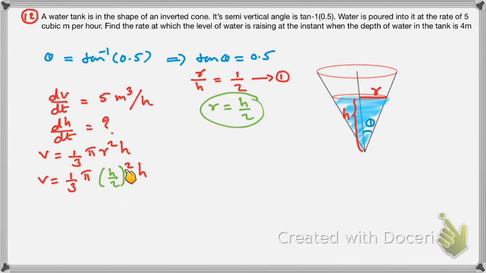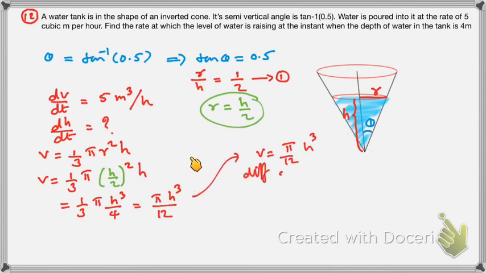And this is 2 square, which is 4. 4 into this 3 is going to be 12. So what do I get? 1 by 3 pi into h cubed by 4, which is pi by 12 h cubed. 3 fours are 12. Pi by 12 h cubed. So that's my V, and now I differentiate with respect to t.